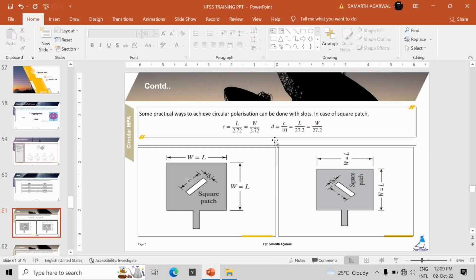So at that time you have to keep in mind what the ratio of C and D should be. C will be calculated by L divided by 2.72, any length it can be. Similarly, D will be C by 10. Then it will be applicable.